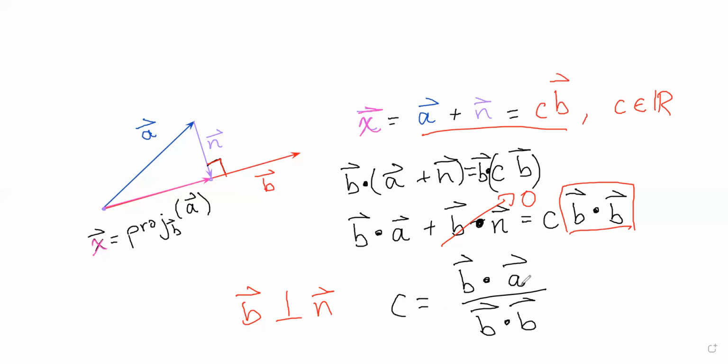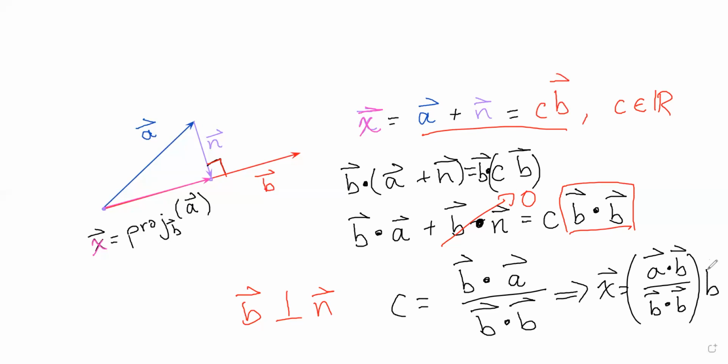Okay, so we know C is equal to B dot A over B dot B, and this will imply that X is just equal to (A dot B over B dot B) times the vector B itself.